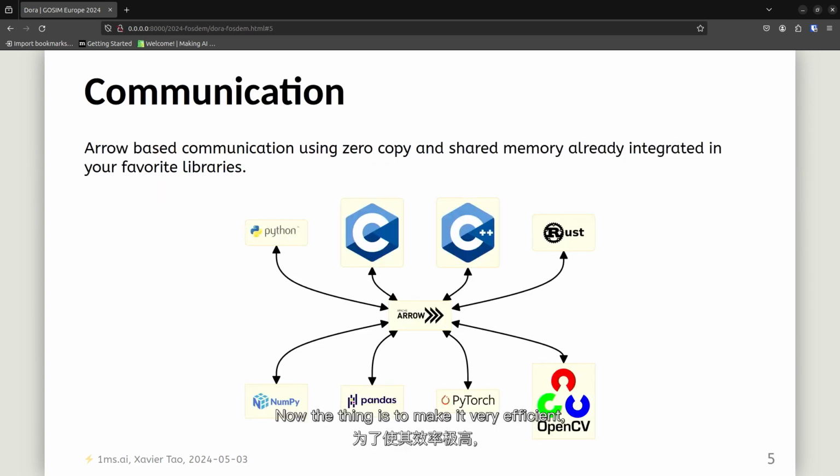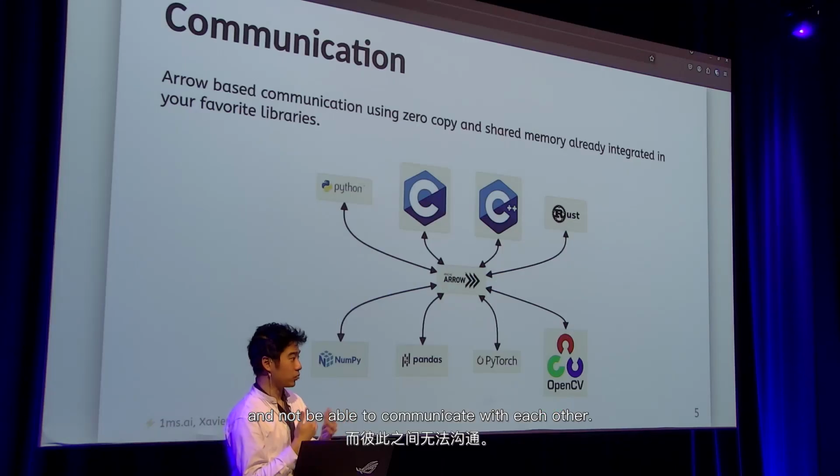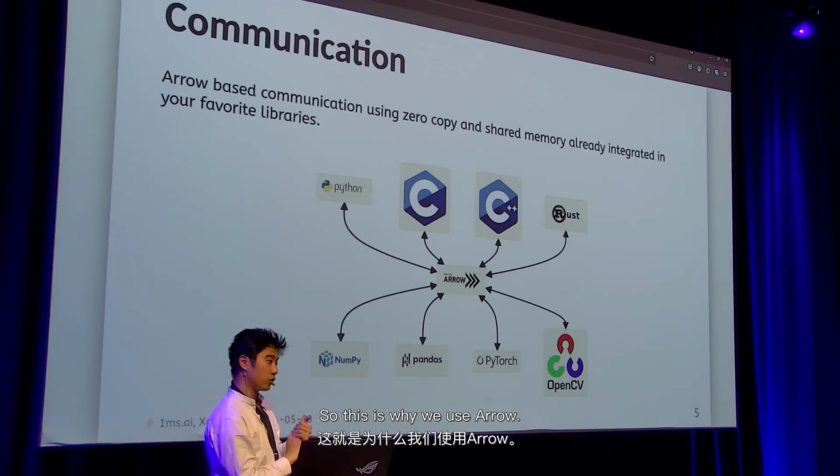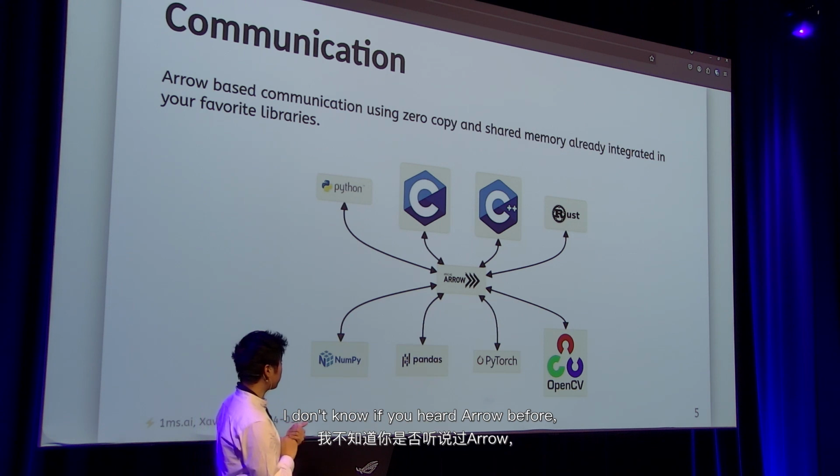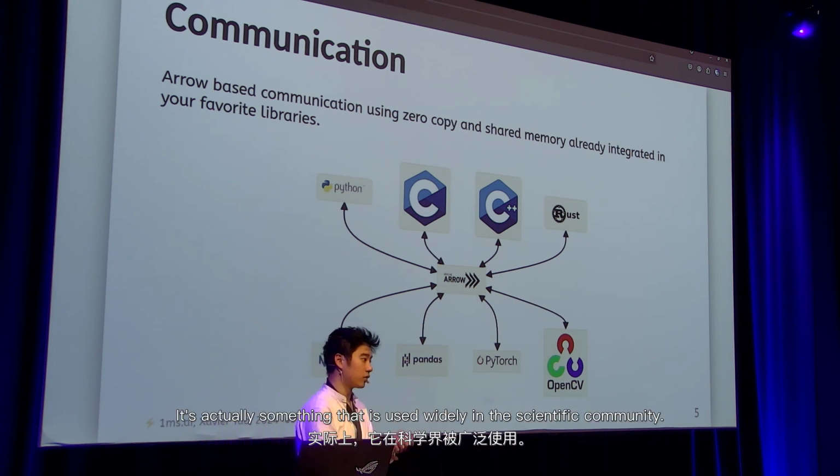Now, to make it very efficient, we need a unified way of sharing messages, right? You don't want to have loops talking in one language and other loops talking in another language, and not be able to communicate with each other. And so this is why we use Arrow. I don't know if you've heard of Arrow before, but it's not just linked to robotics. It's widely used in the scientific community.